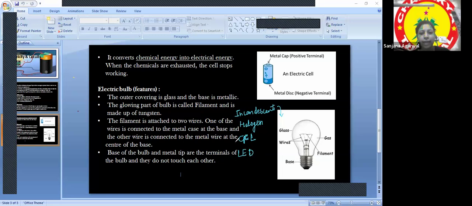CFL stands for compact fluorescent lamp, and LED stands for light emitting diode. Light and emitting are different words. Please note down the 4 types of bulbs. LED is the 4th and the latest one, which we are using nowadays.